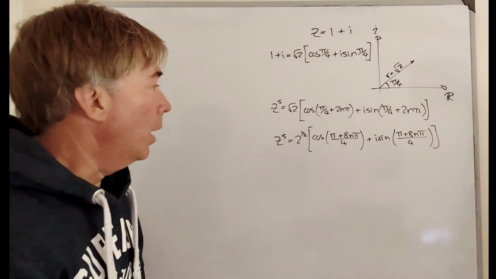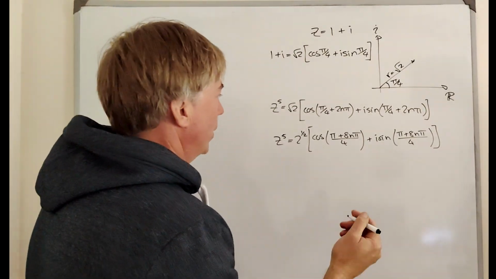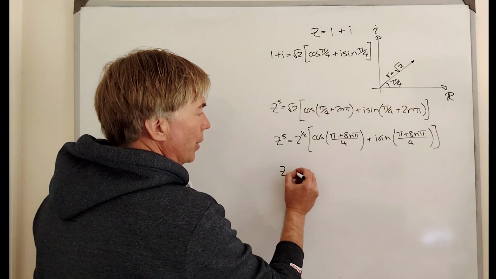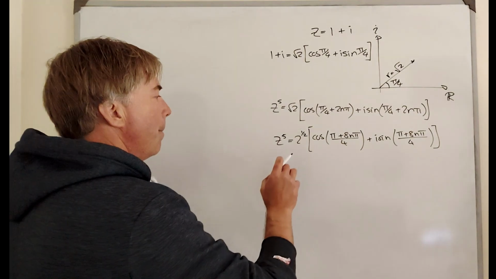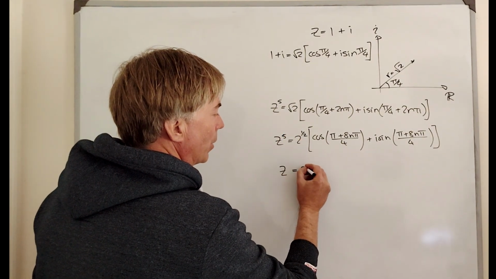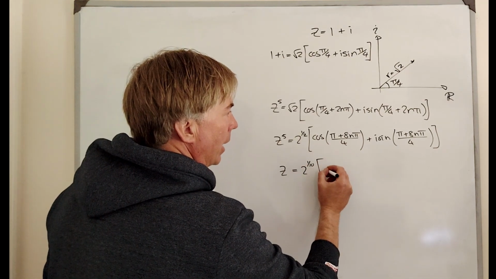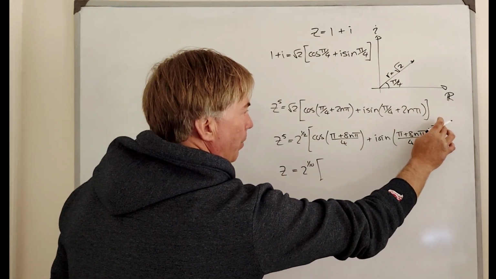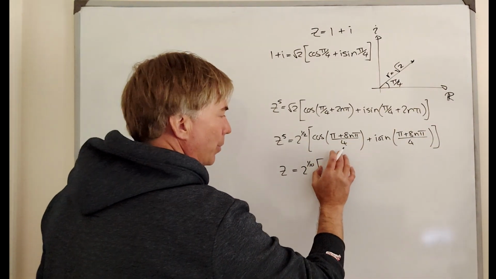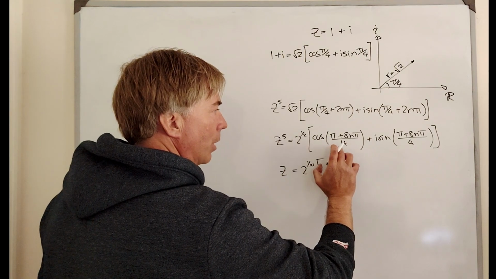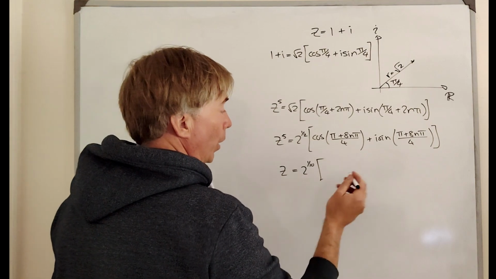So what we can now do is take the fifth root of both sides and then apply de Moivre's theorem as before. So z is going to be equal to, and this is why I chose to write root 2 as 2 to the half, I'm going to multiply that by 1 over 5, so I get 2 to the 1/10. And within here, I'm going to take the fifth power of all of this, and to save having to write it out twice, I'm going to multiply each of these angles or arguments inside the brackets by 1 over 5, as de Moivre's theorem goes.